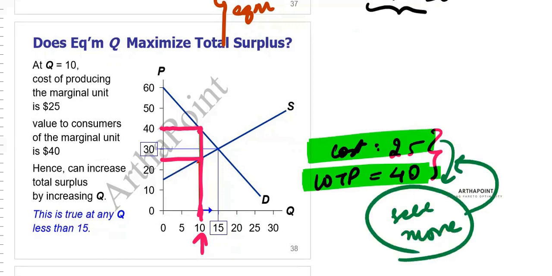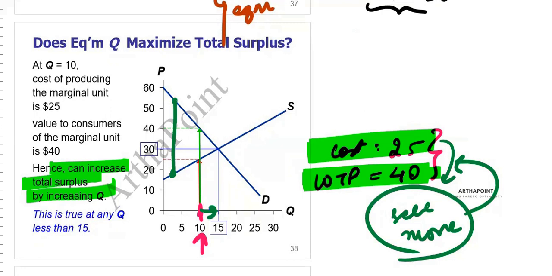And if you keep selling more, you will reach towards 15. So you can increase the surplus by increasing the quantity because you know that consumers are willing to pay more than what your cost is. So as long as this gap exists, this is the gap between what the consumer is willing to pay and what your cost is.